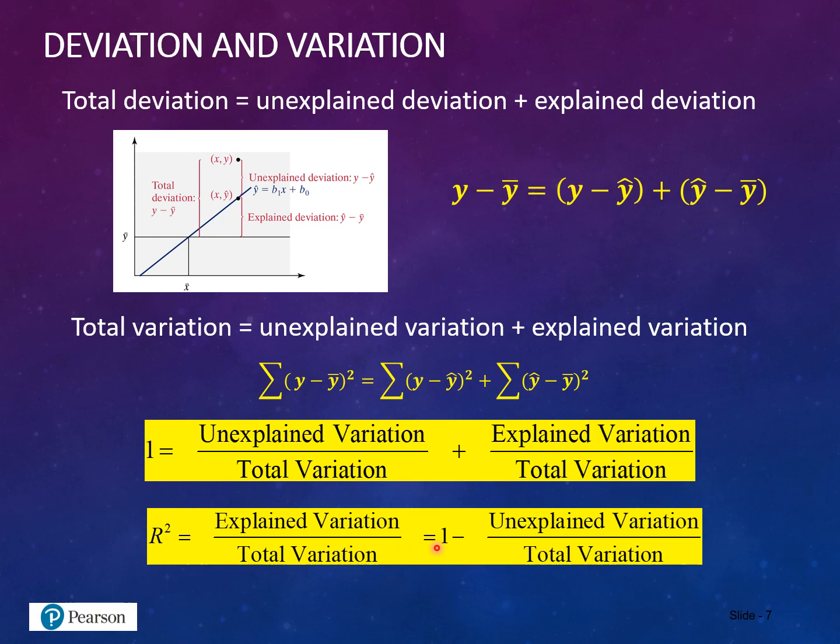So this equals 1 minus the unexplained variation over the total variation, right? All we've done here is subtract the unexplained variation over total variation from both sides, and so we get a formula here for the coefficient of determination.